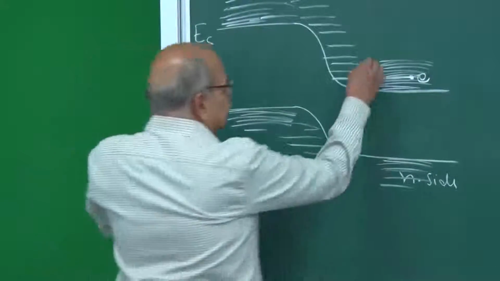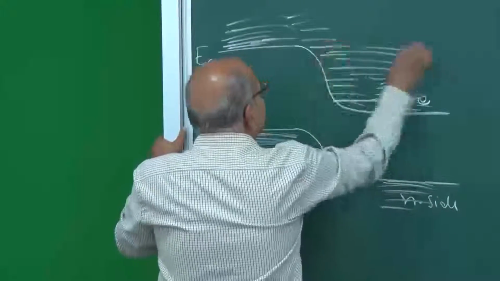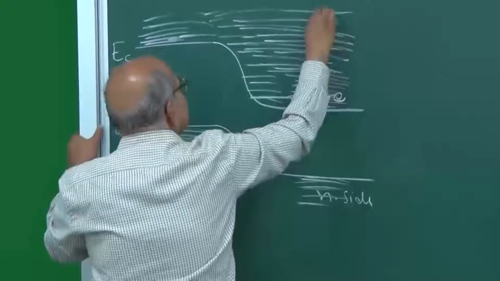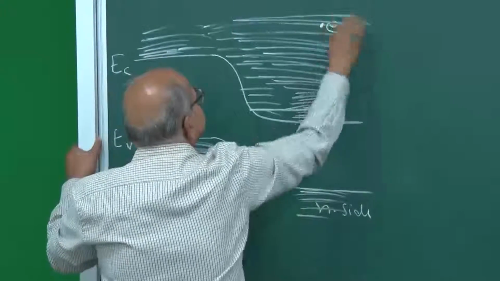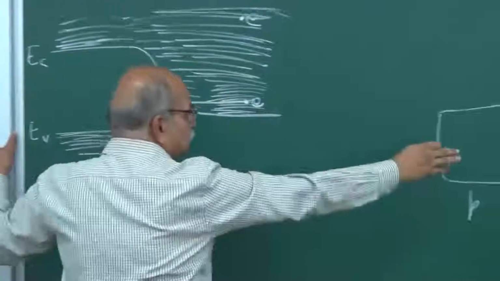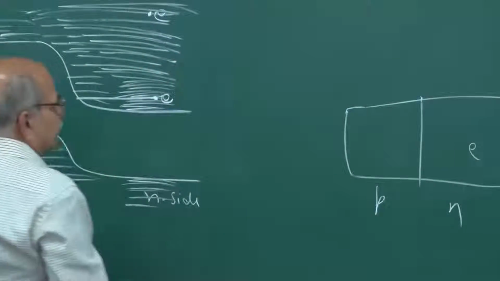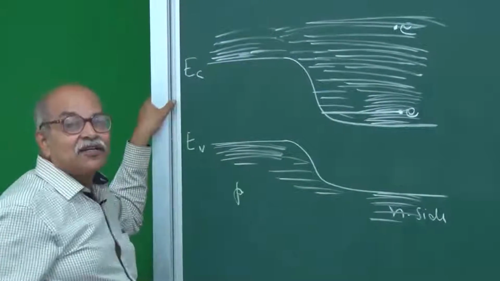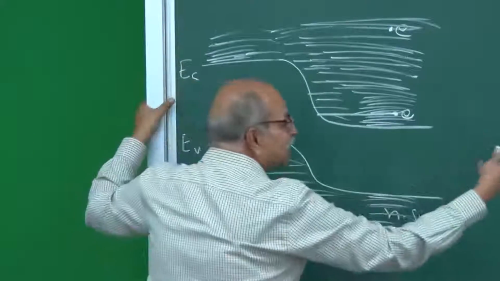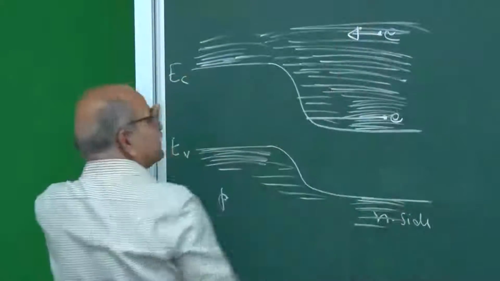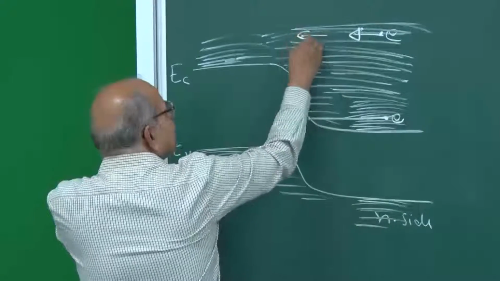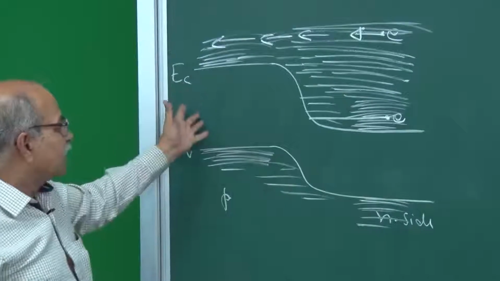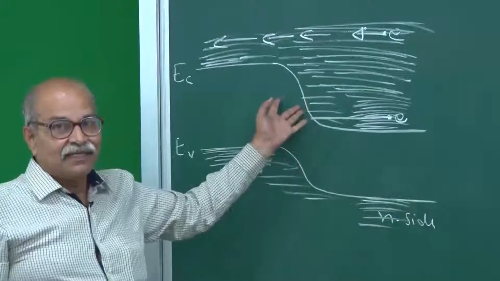But if you take another conduction electron in the n side, occupying a much higher quantum state, and it comes in this direction, then with that same energy it can completely go into the p side and cross the depletion layer.